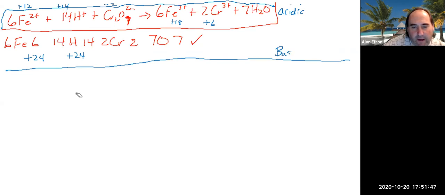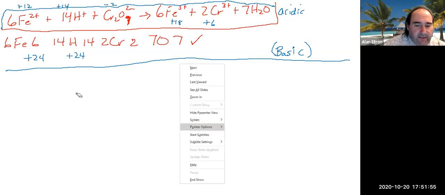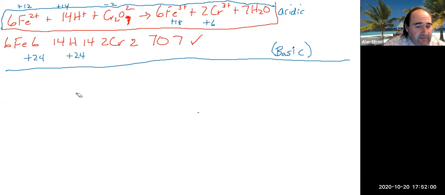So let's say we wanted to do this not in acidic conditions, but in basic conditions. The good news is you can do exactly what we just did, which means you could balance this equation like it was acidic, get all the way to this equation.